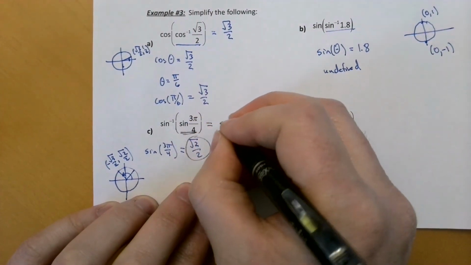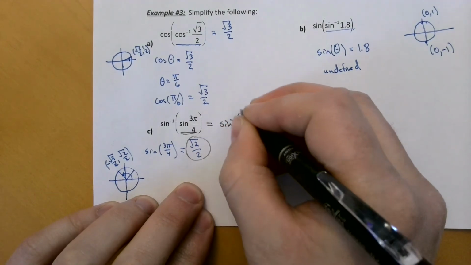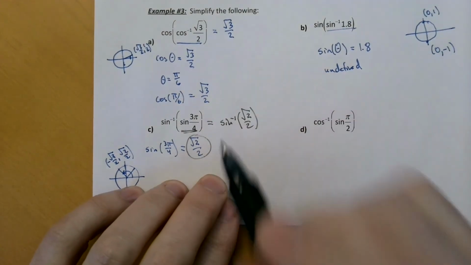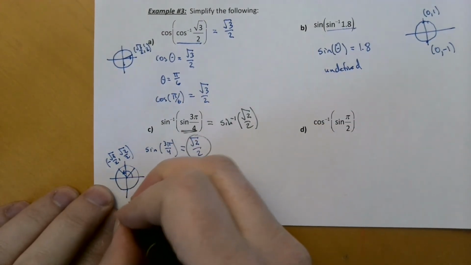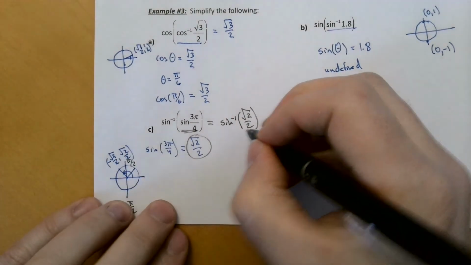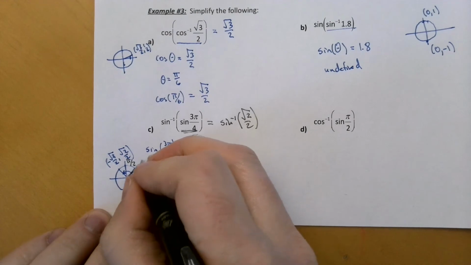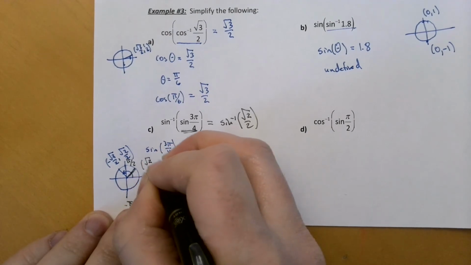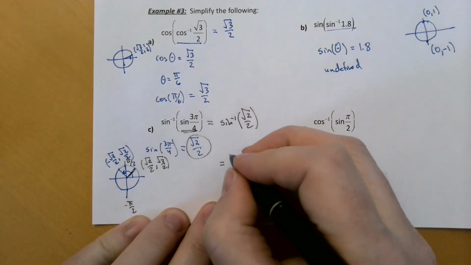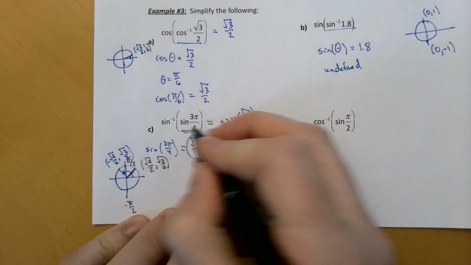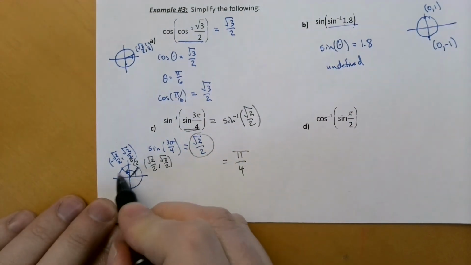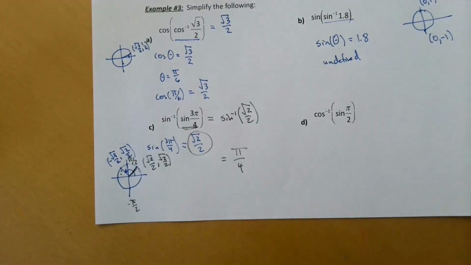So we're really saying, what's sine inverse of root 2 over 2? Recall that the outputs of sine inverse are only values between negative pi halves and pi halves. Root 2 over 2 shows up right here for our y value. So the answer is not 3 pi fourths, because that is not in the range of sine inverse. It's pi fourths. Note that these have the exact same y values in these two places.